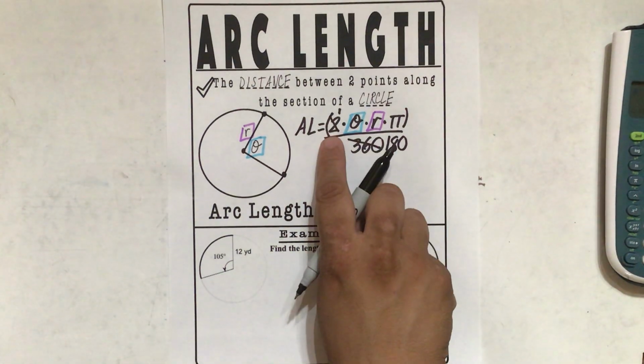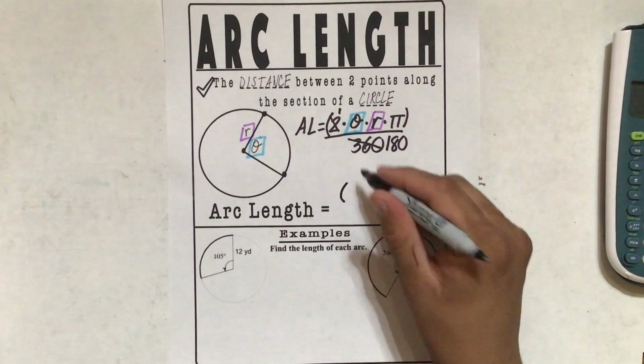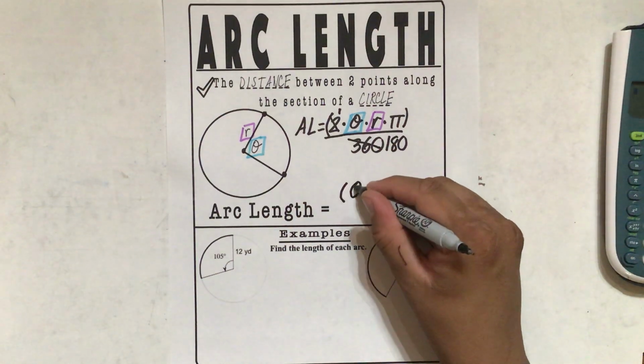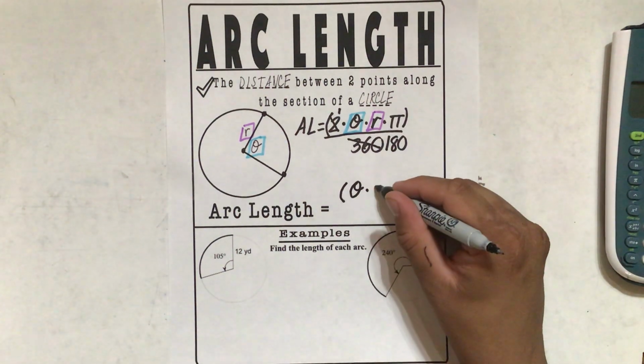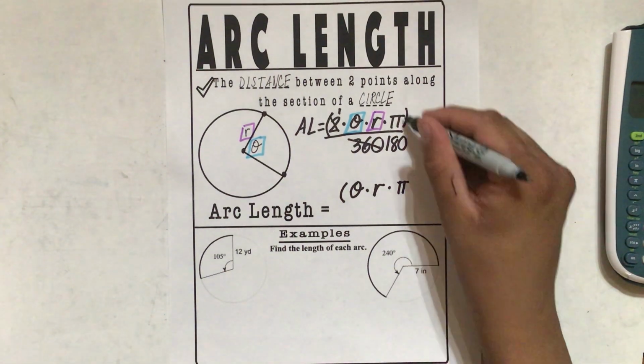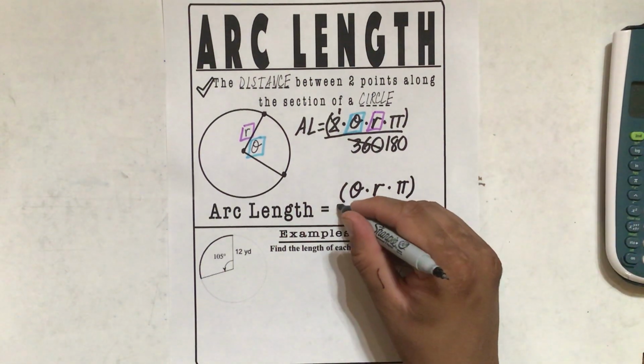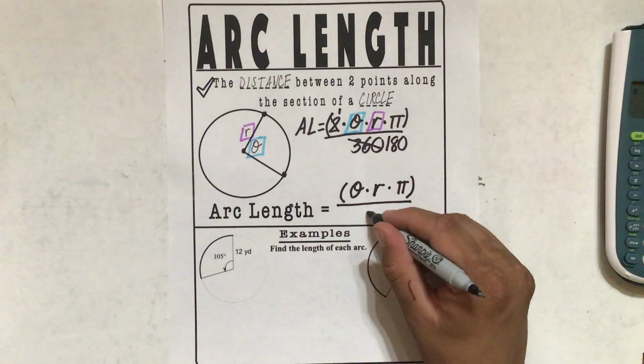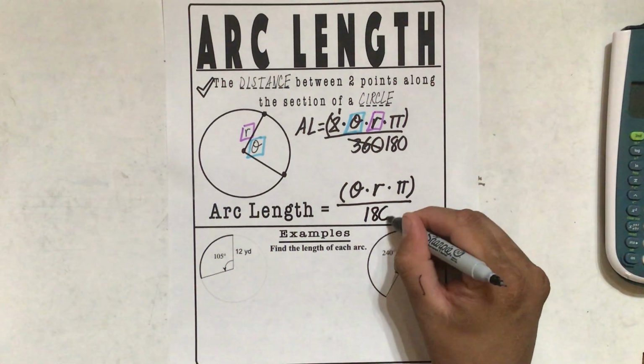What is left is parentheses, theta times the radius times pi, parentheses, and the whole thing divided by 180.